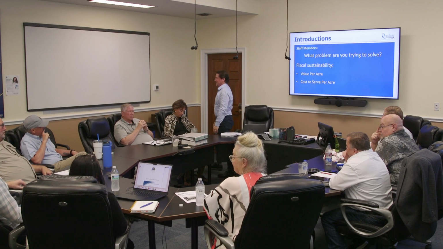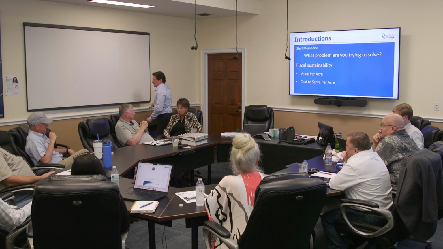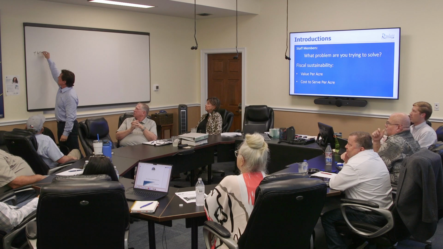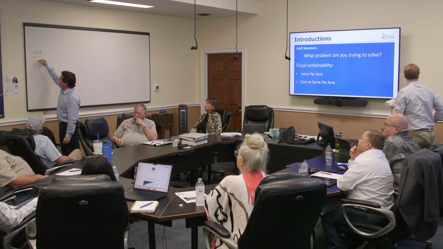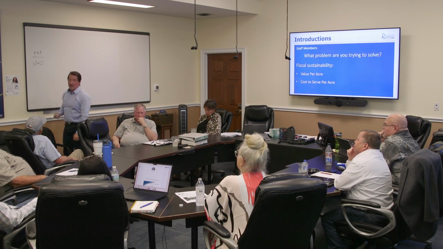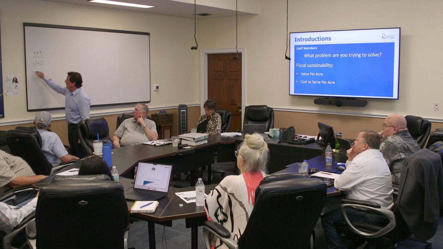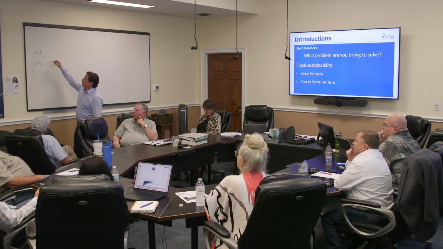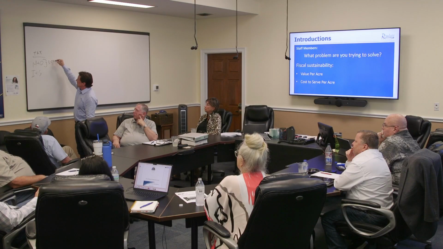Some of you have heard this all before, right? So in Texas, our tax regulations, property taxes, we have M&O, maintenance and operations. Then we have I and S, interest and sinking. The growth rate for M&O is 3.5% plus growth.